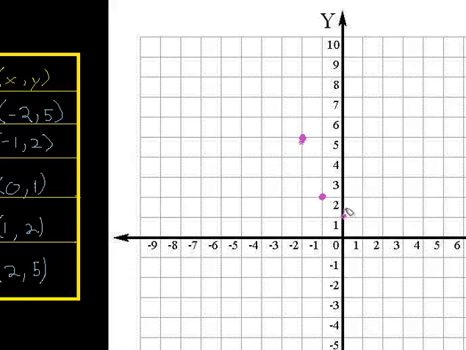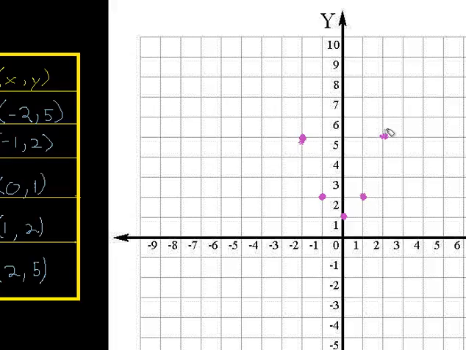I'm going to do that a few times just so the purple shows up really well there. And now the next value is 1, 2. So I'm going to move over 1 and up 2. And now the next one is over 2 and up 5.